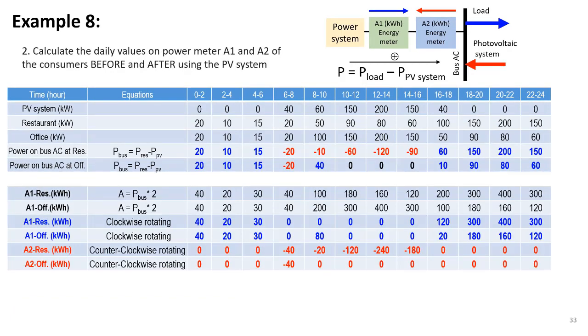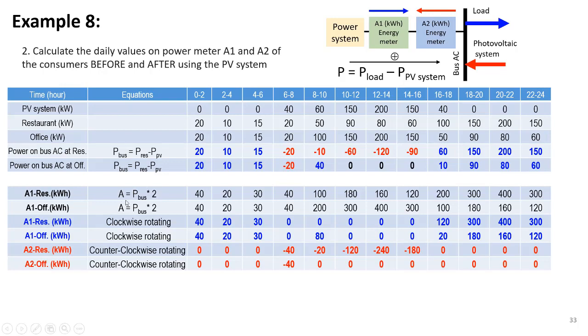To calculate the values shown on A1 and A2 meters in a day, let us look at the two tables on the slide here. The upper one shows power flows in watts, while the lower one shows the energy amount in kilowatt hours, which the meters tell.